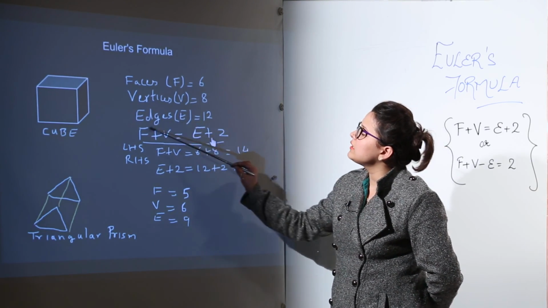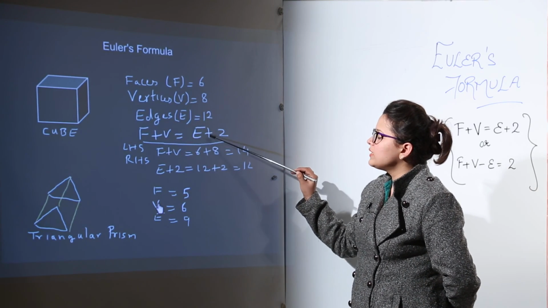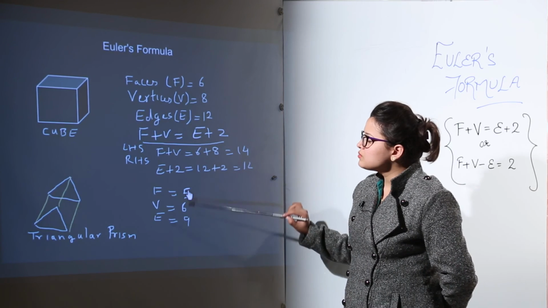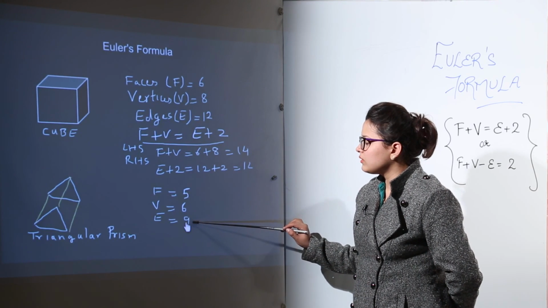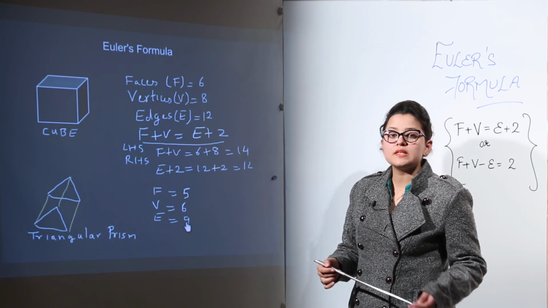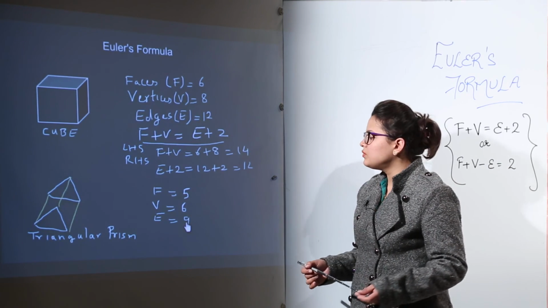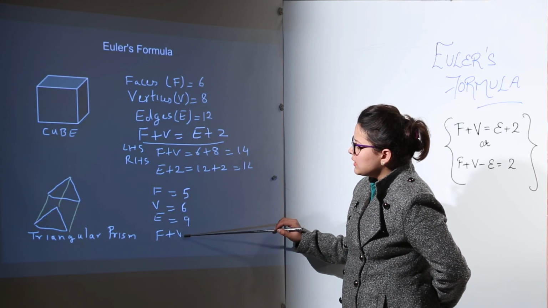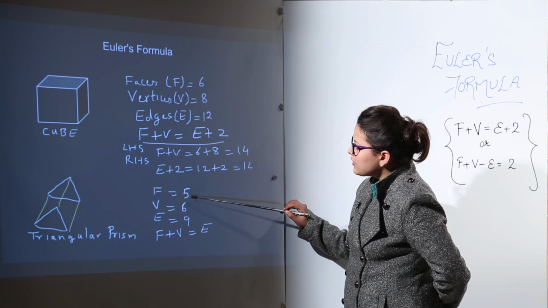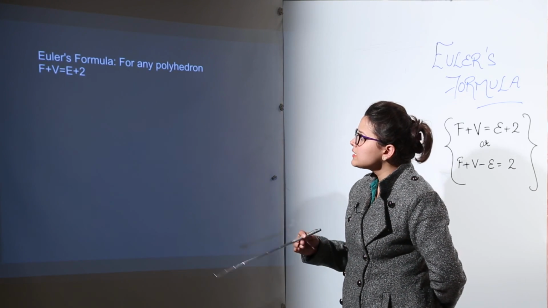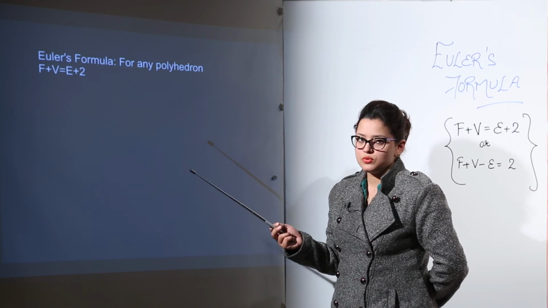Now putting it back into the same formula, we can check our left hand side and right hand side separately to check if they are coming equal or not. So if you do F plus V, that is number of faces plus number of vertices, what would you get? You would get F plus V equal to 5 plus 6, that will be equal to 11, right? And the next one also.